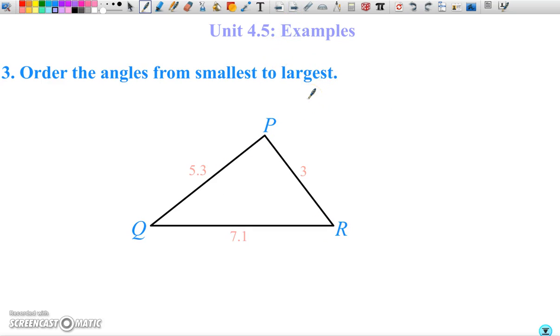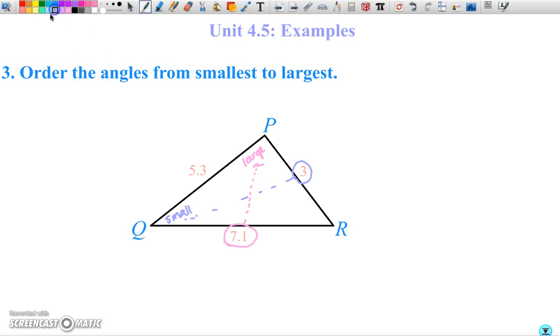Well, this one works exactly the same way as the sides or as the angles that we were working with in the last examples. So the smallest side right here is going to be across from the smallest angle. So this is your smallest angle. All right, and then your longest side being the 7.1, this one is across from your largest angle.